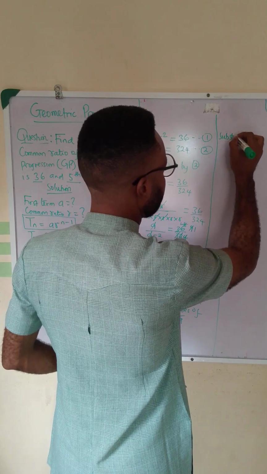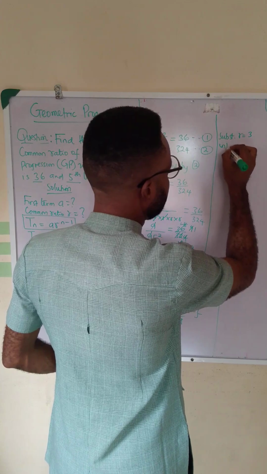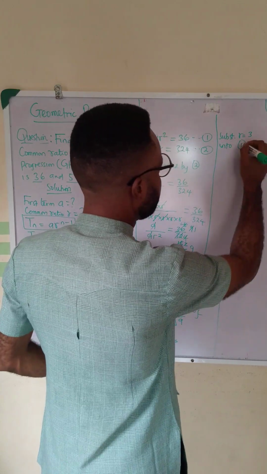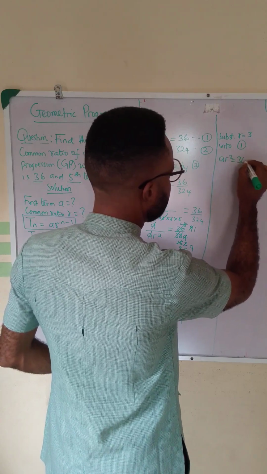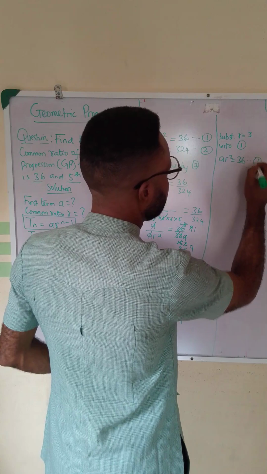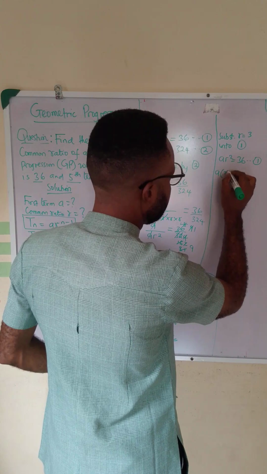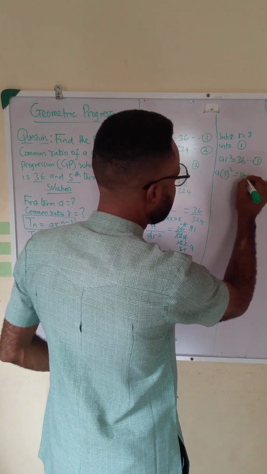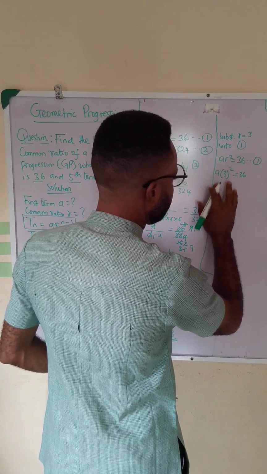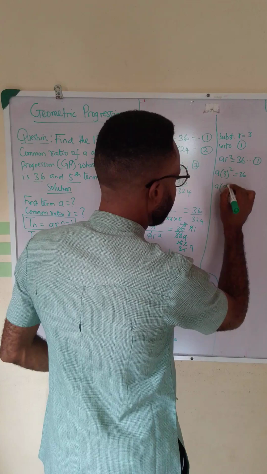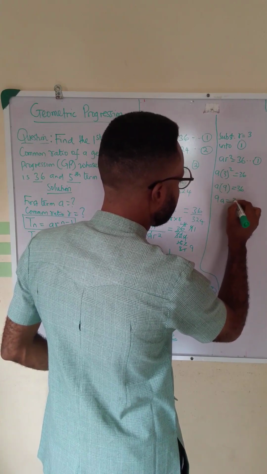Substitute R equals 3 into equation 1, which is A R squared equals 36. So we have A times 3 raised to power 2 equals 36. Then 3 raised to power 2 is 9, so we have A times 9 equals 36. So 9 times A gives 9A equals 36.